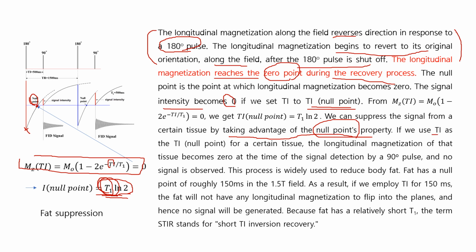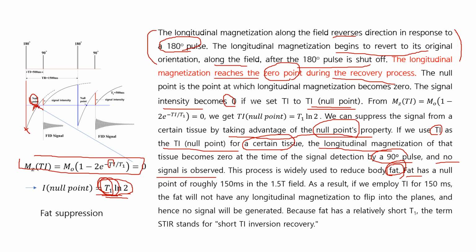If we use Ti as the null point for a certain tissue, then the longitudinal magnetization of that tissue becomes 0 at the time of signal detection by the 90-degree pulse. So at the null point, there's no longitudinal magnetization, so the signal will be detected as 0. So no signal is observed. This process is widely used to reduce fat.